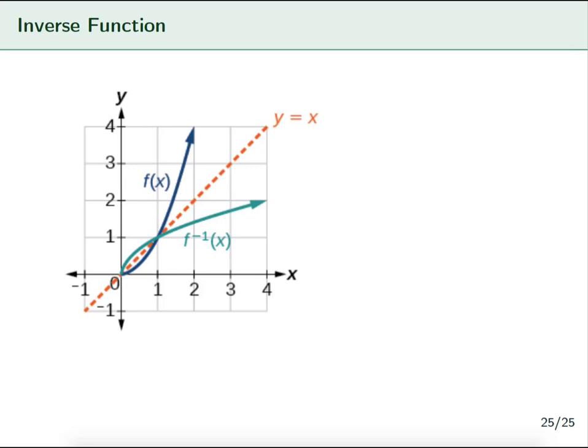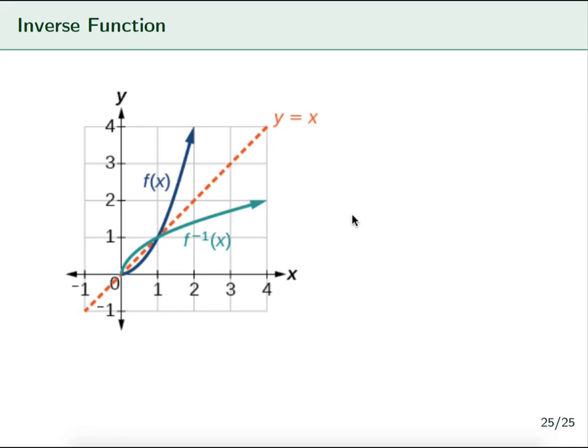So let's look at this graph, and why we have y equals x as a symmetry. You can think of the two graphs as symmetric around y equals x, but a more accurate way of thinking about it is that we're rotating around y equals x, the diagonal line.